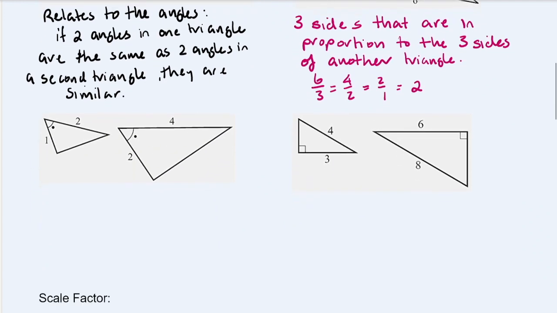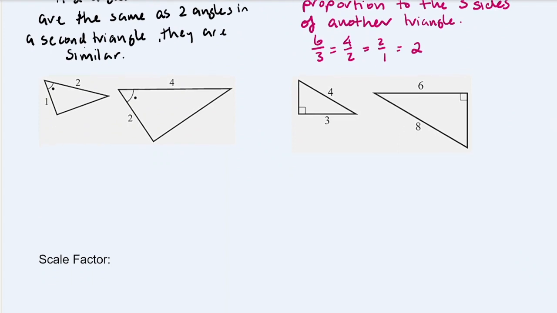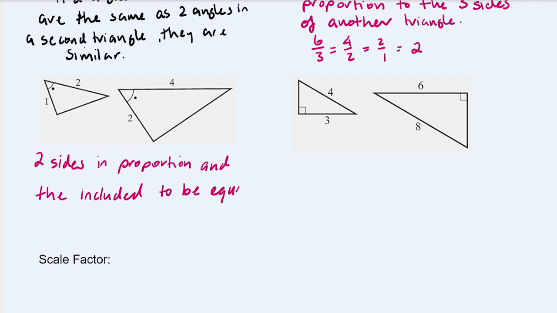Now the third one is looking at two sides and the included angle. So we need two sides in proportion and the included angle to be equal, and then that would indicate similarity. And our last one is the right angled triangle one.